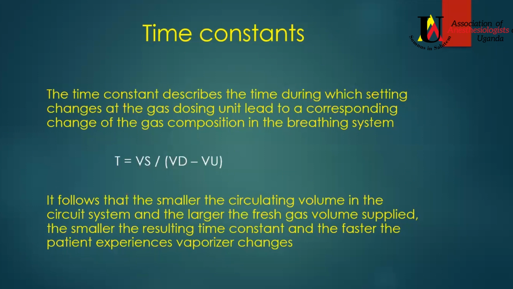The time constant is the time it will take for the patient to get that change effected in them. Now, if you have a smaller saturating volume in the circuit and you are running a larger fresh gas volume through that circuit, then of course the time constant is going to be short because the change that you made will be effected quickly.